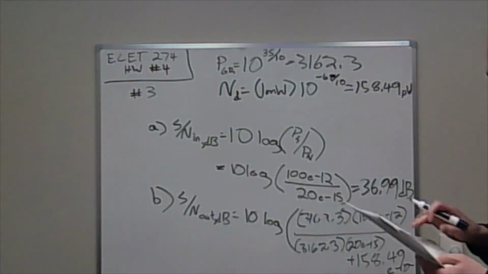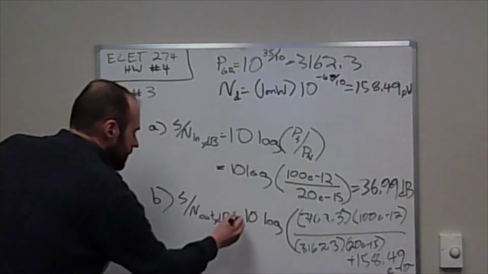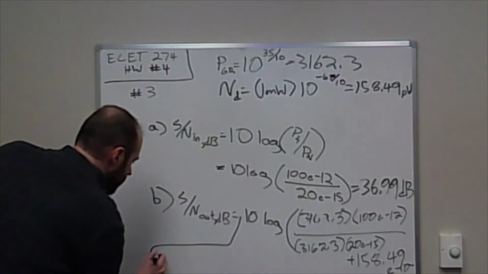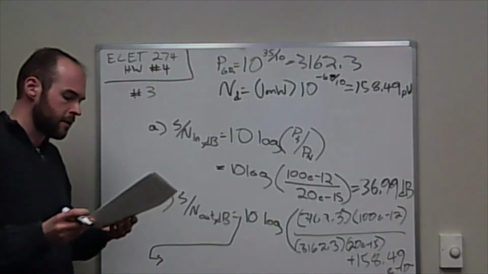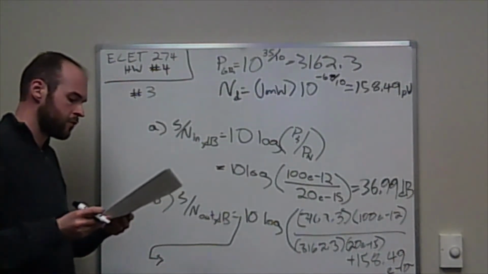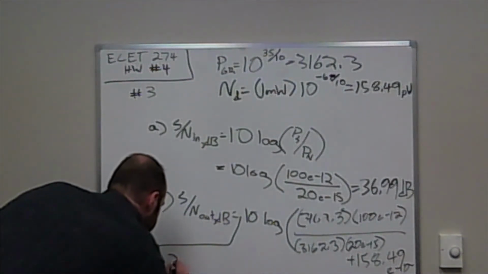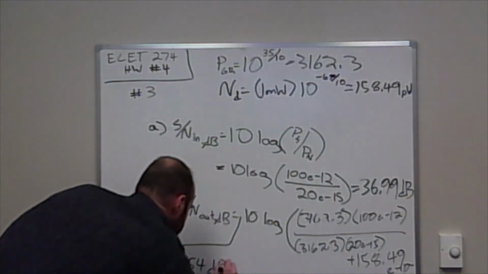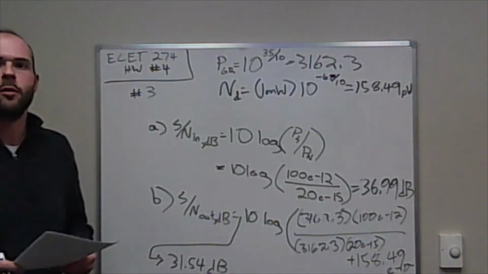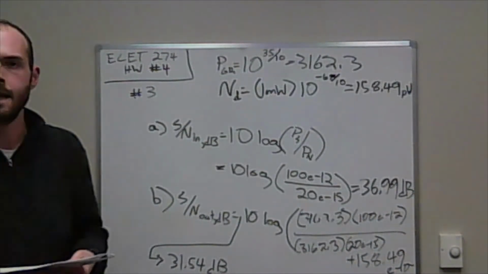Just barely fits in frame there. And so when we solve that out, let's come back over to this side so we can see our solution. We can see that our signal noise output ratio is 31.54 dB. So 31.54 dB for our answer for part B.